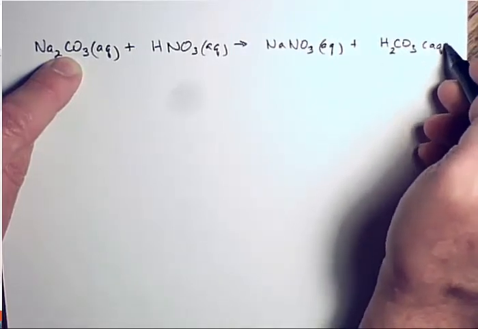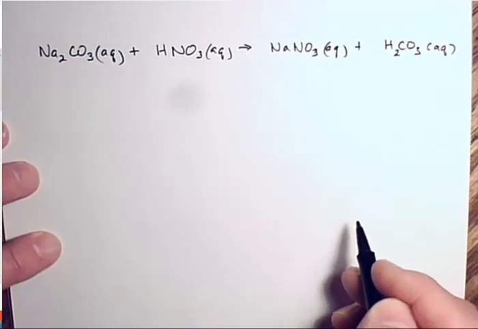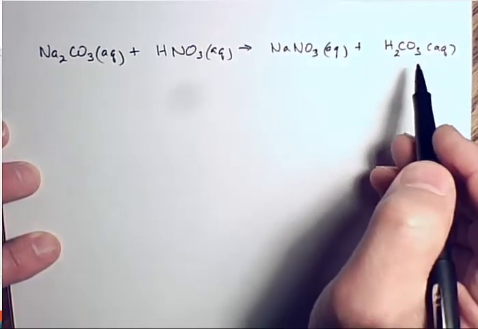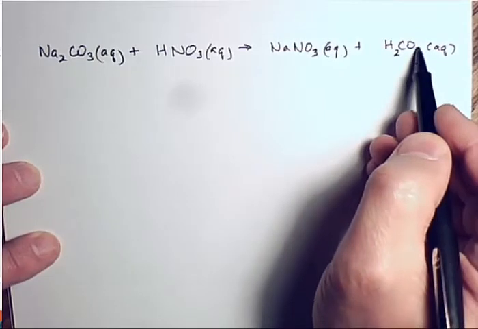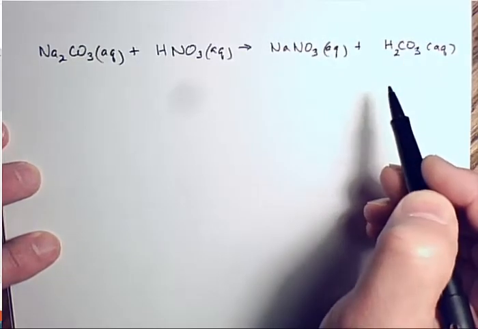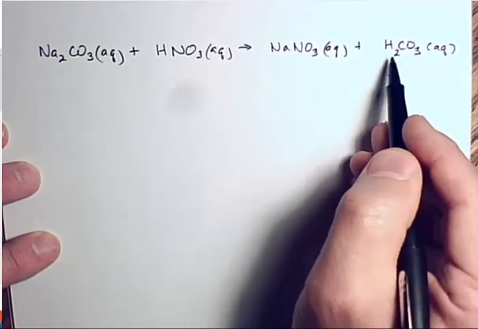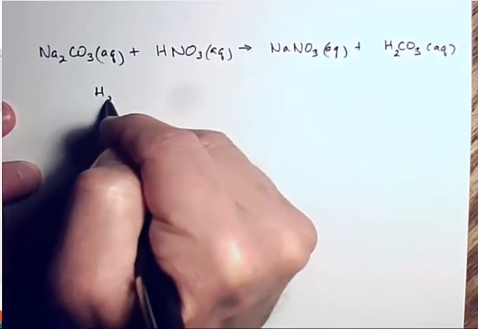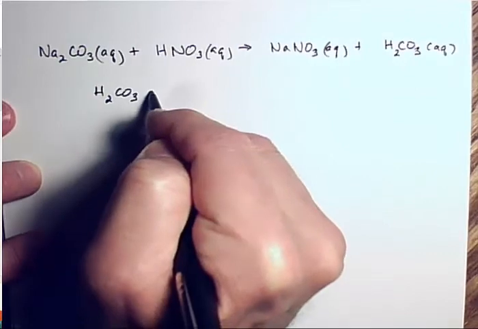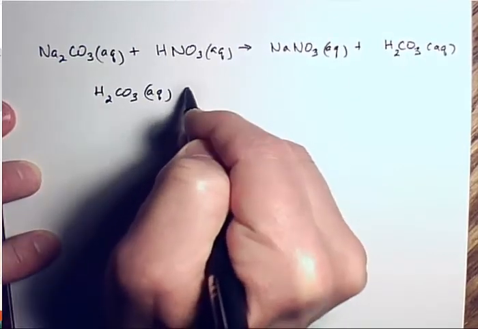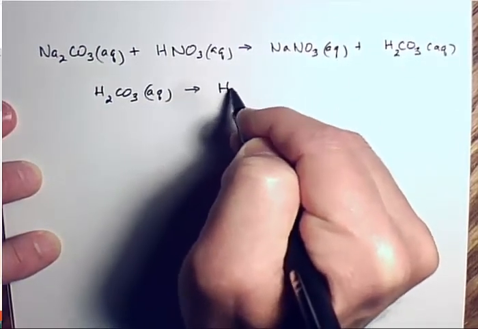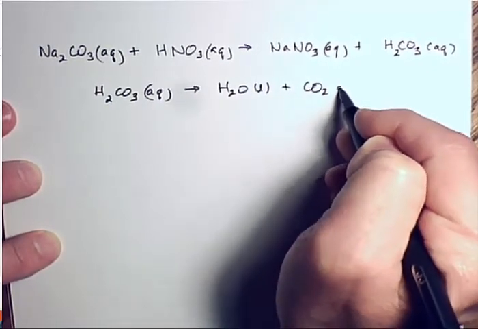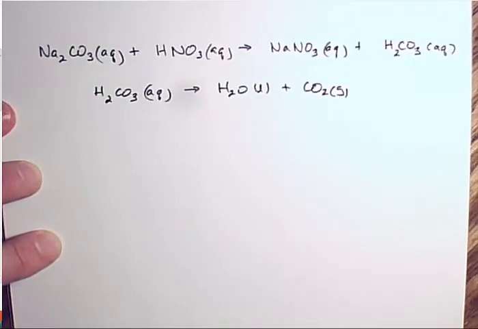And if you look this up on the solubility rules, that's supposed to be aqueous, but that's not really going to end up that way because this automatically, immediately starts to decompose. And so this is actually breaking up into water and CO2 gas.